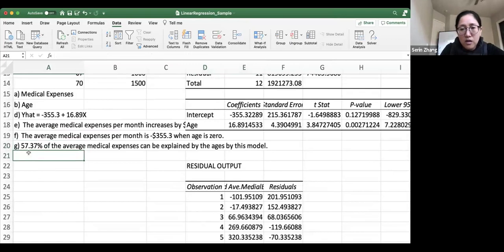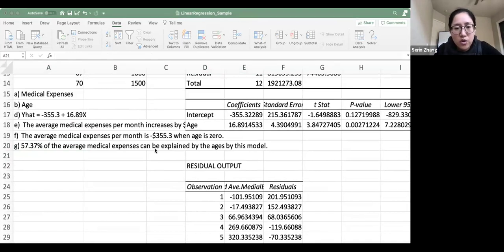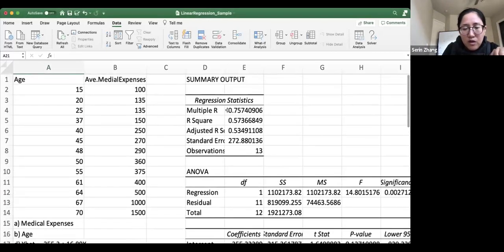And then the next question, we only have 2 more questions. What is the correlation coefficient? The coefficient of determination is R square, and the correlation coefficient is the R value, Pearson's R. This one is multiple R. If you have this multiple R, you can calculate R square, because R square is just the square of this R. Let me check this.